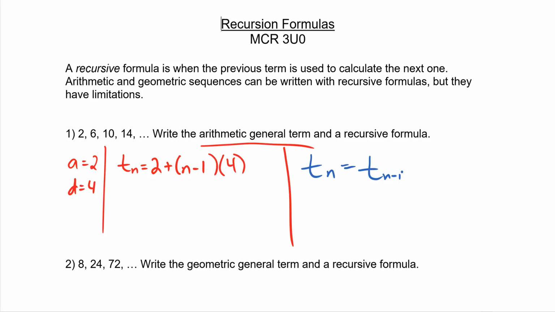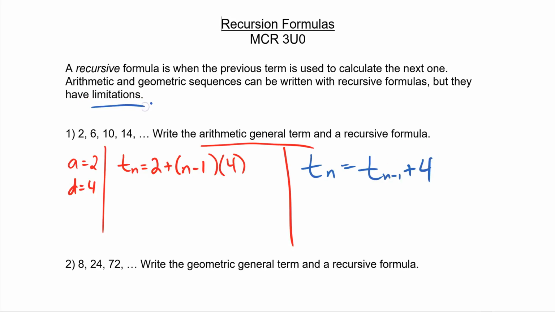Now, if you think about it, let's say that I'm right here at term number 3. What do I do to term number 3 to get to term number 4? Well, I would have to add 4. So that's the recursive formula, and it would work all the way throughout this sequence. To calculate any term, you take the previous term and add 4.